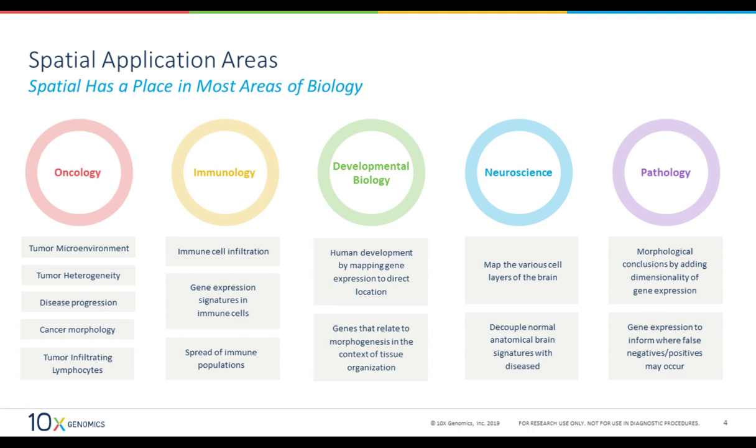It also has a lot of applications in tissue engineering and wound healing, followed by neuroscience, in which groups are very interested in understanding the anatomy of the brain and studying neurodegenerative diseases. And we also call out pathology here, even though it's not really a research area.